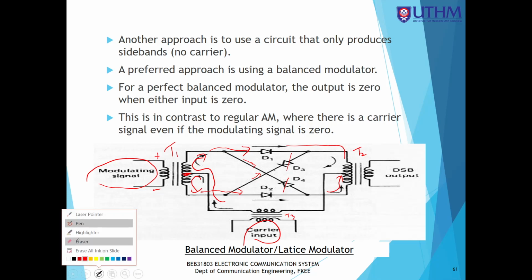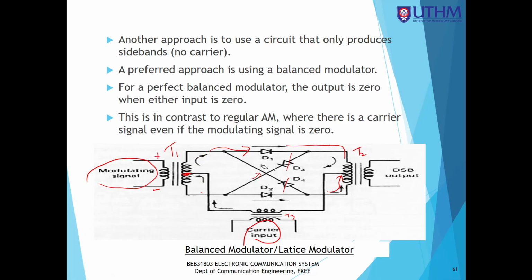If the carrier changes polarity to become like this, positive, negative, that means the current flows in these directions. Current flows in this direction, and it will go in this direction.